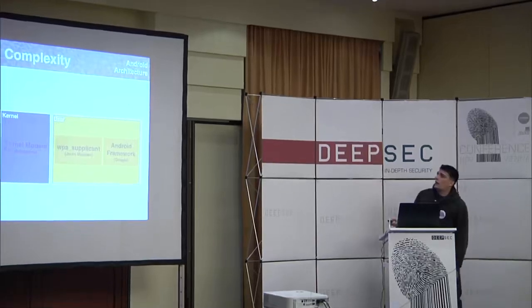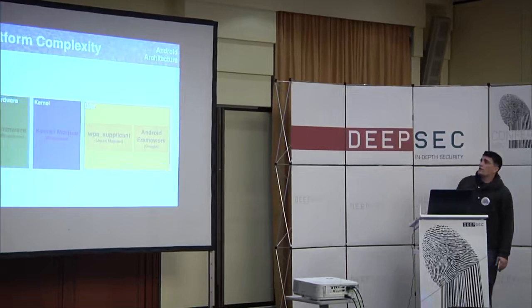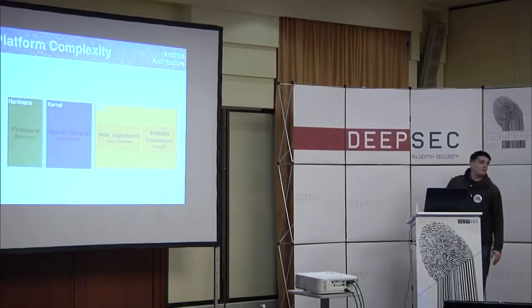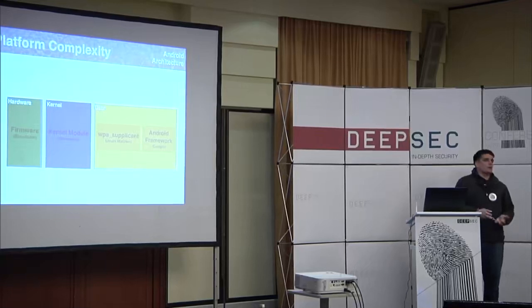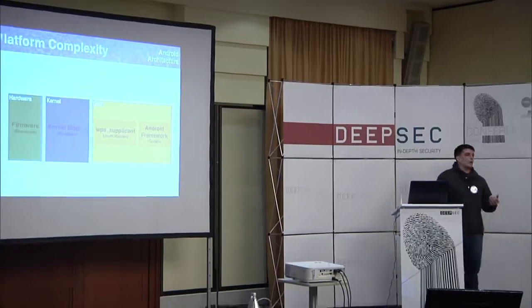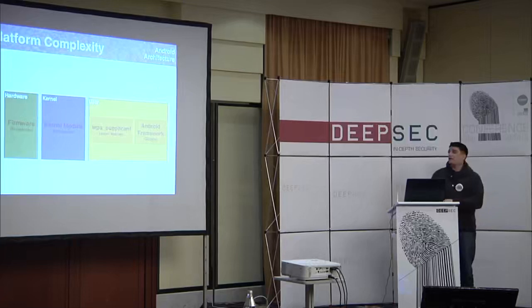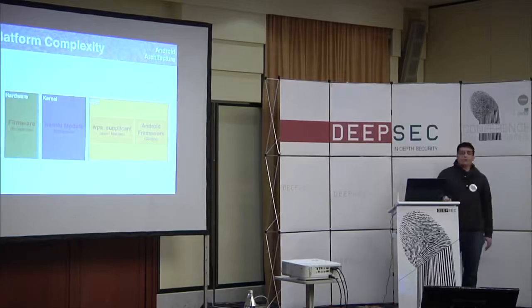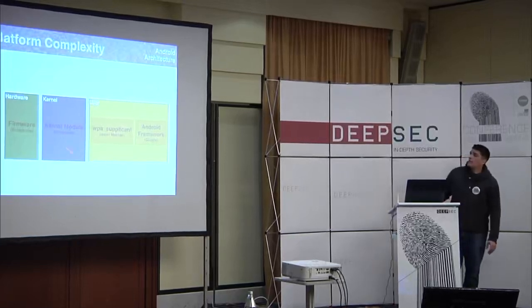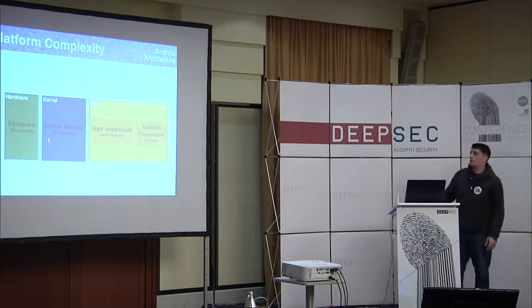So let's talk about Android architecture. As we can see here, we have the hardware layer that is the firmware. In this case, I'm talking about devices such as Nexus 6 or Nexus 5 or some other devices. Usually Broadcom has full MAC interfaces. Qualcomm usually uses more soft MAC interfaces. And then we have the kernel, which also has a kernel module usually developed by the vendor of the wireless card, in this case Broadcom.